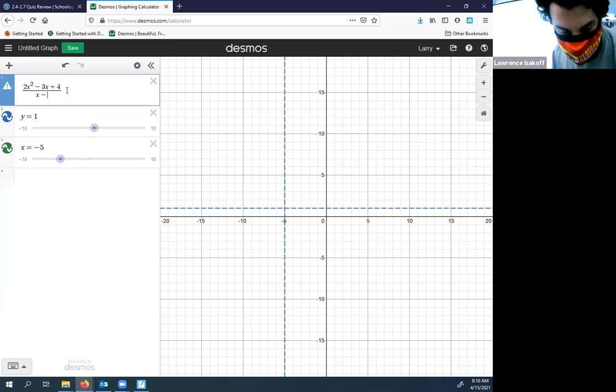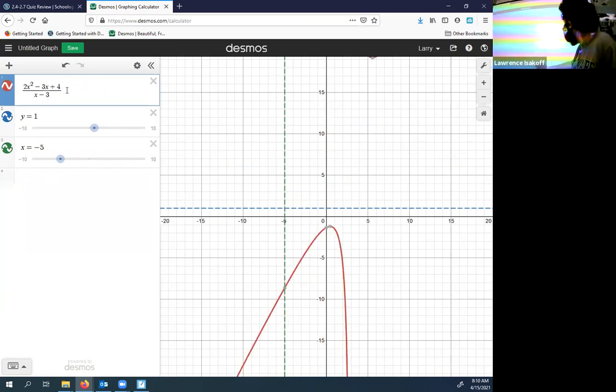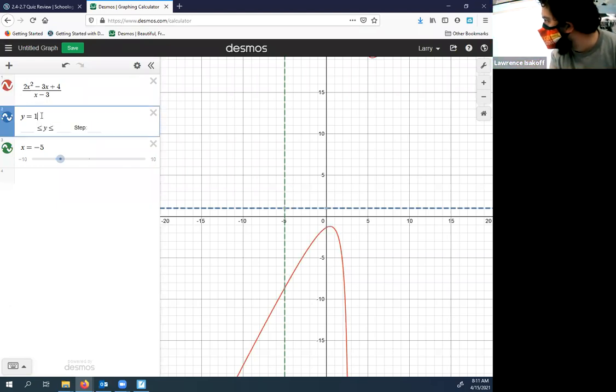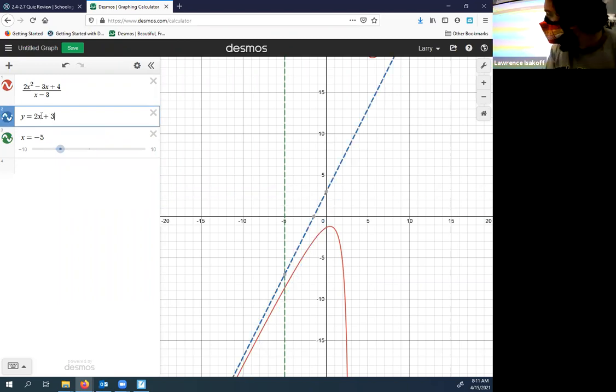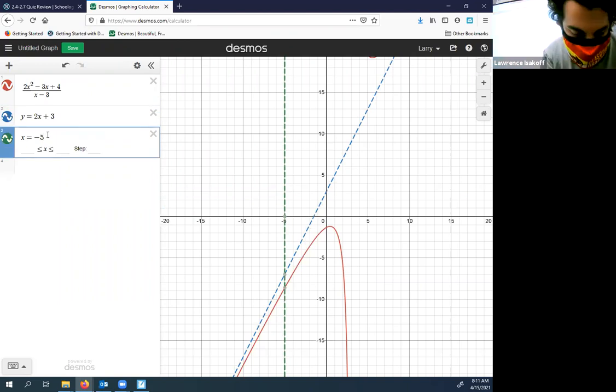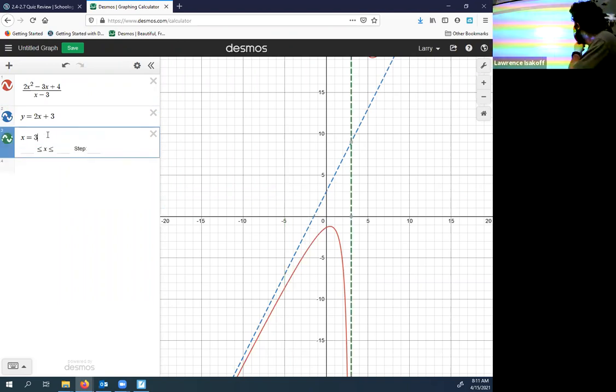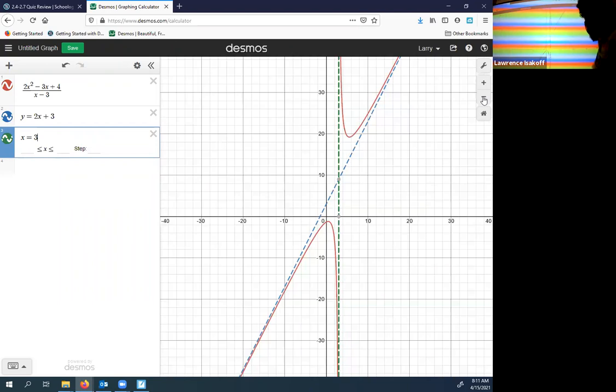X minus 3. So, okay, it appears it's my two acute ones. Again, I want to check my asymptotes. So 2x plus 3. Yep, that's looking good. If I change this to an x equals 3. Yeah, I want to zoom out a little bit on this. But this is my general shape.